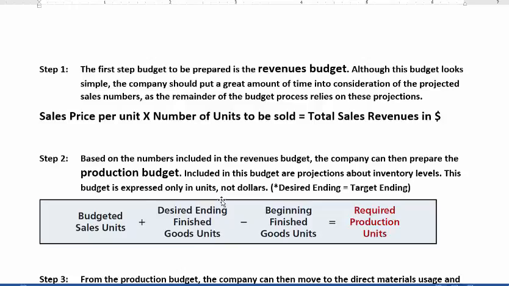What is this number? This number right here represents the number of units that we want to have in ending inventory on the last day of the period. All right, so how many units do we want to have out in the parking lot ready to be picked up if we're Volkswagen? Okay, so desired ending finished goods units.